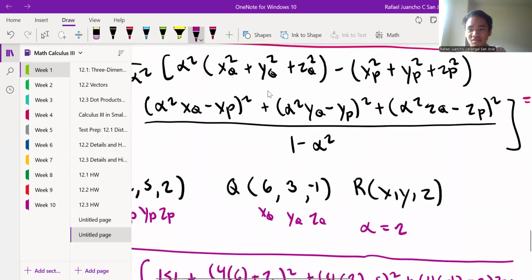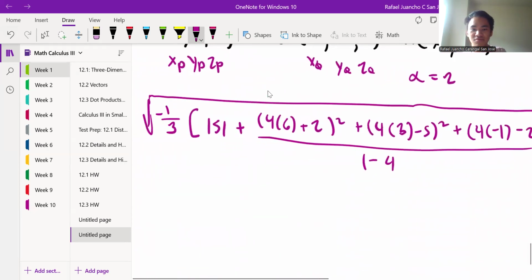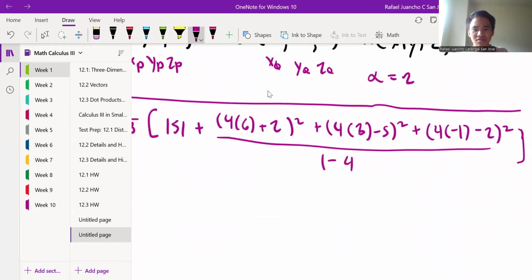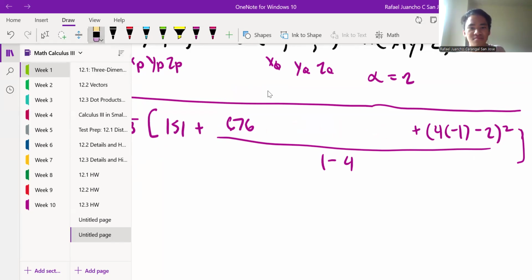Now, what does this look like? We'll see. So this is 24 plus 2, 26 squared, which is 676. This is 4 times 3, 12, minus 5, 7. 7 squared is 49, so plus 49.